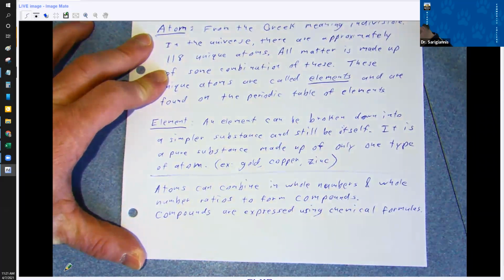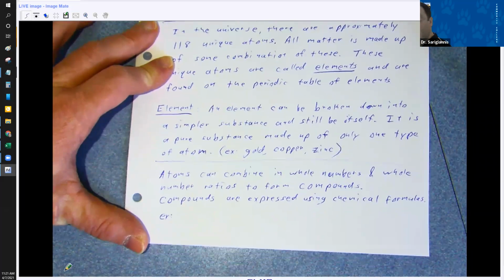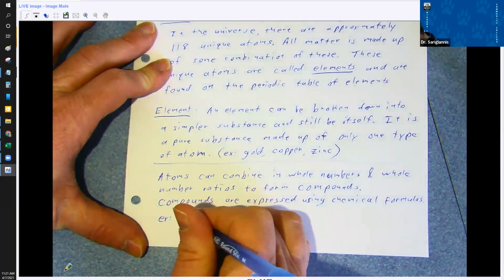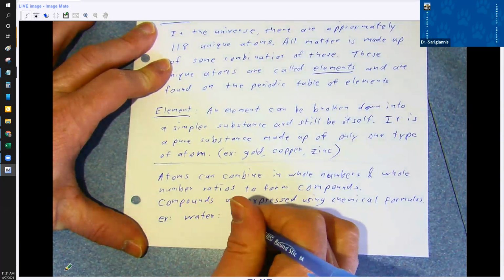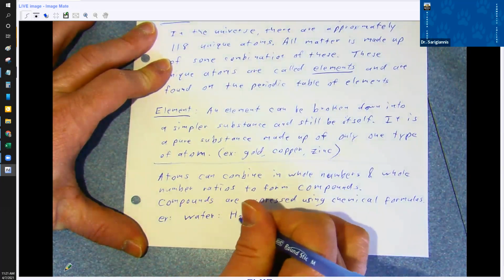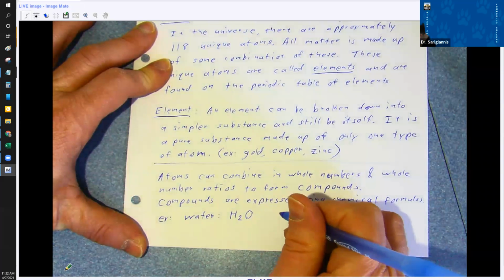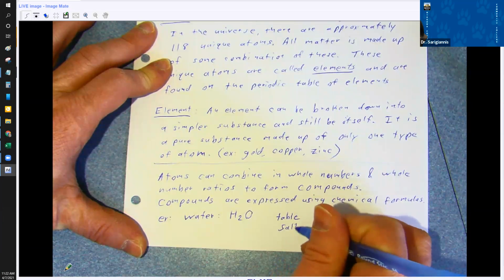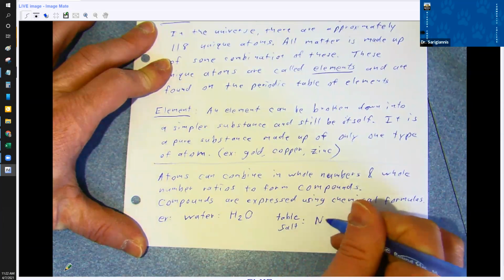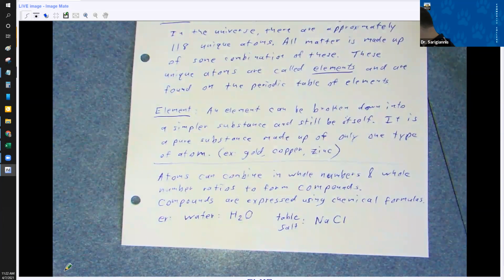So, for example, water is H2O. You probably heard about this. Table salt, NaCl.